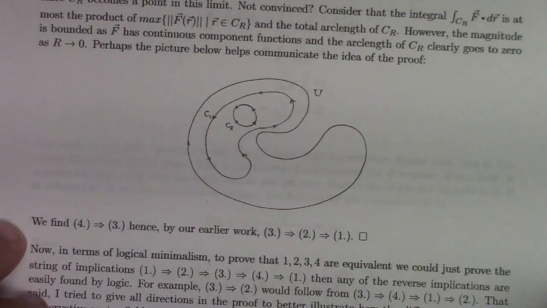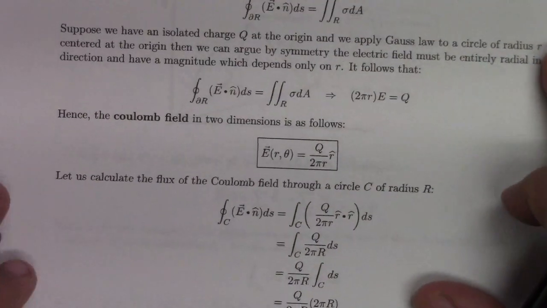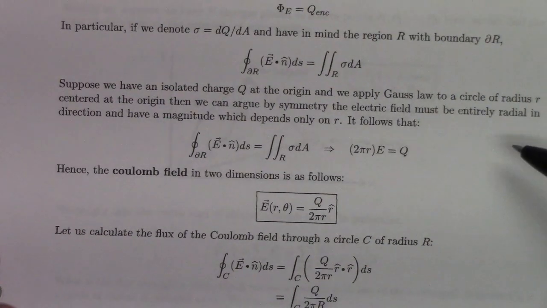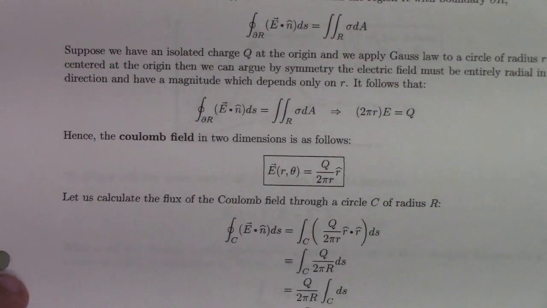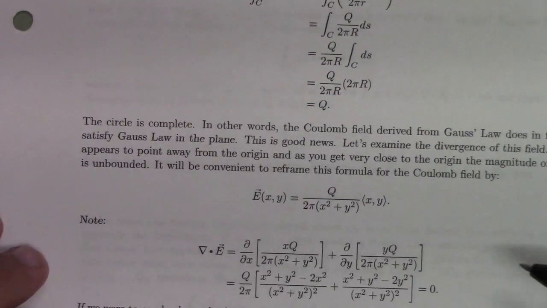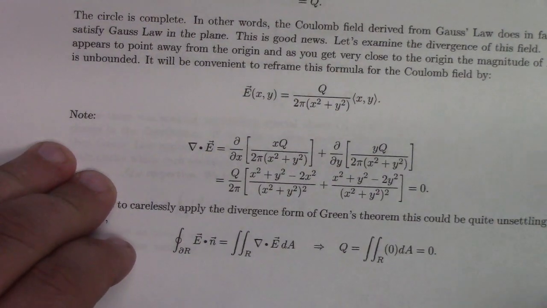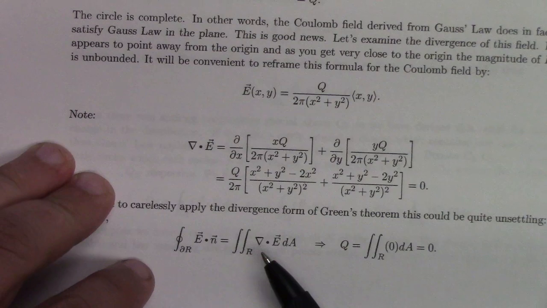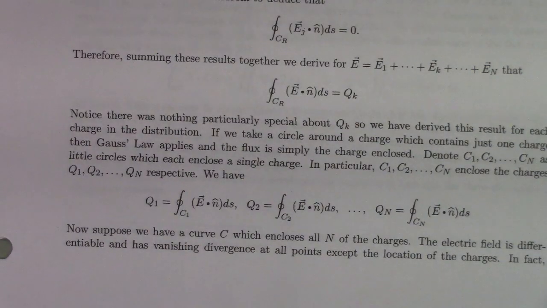So anyway, that's that. Finally, two-dimensional electrostatics is an interesting thing. I'll let you read about it. I don't think I want to talk about that too much here. But basically, I just show how we can use the divergence form of Green's theorem in the plane to study the electric field lines of a point charge, and we can derive what's called Gauss's law in the plane, saying that the double integral of the two-dimensional divergence gives me the flux of the electric field through the normal to that region, which is the two-dimensional analog of Gauss's law.